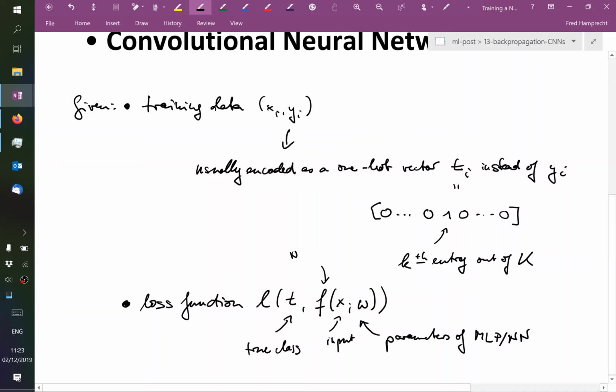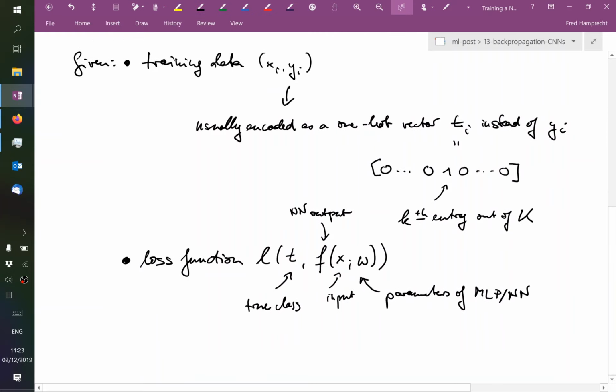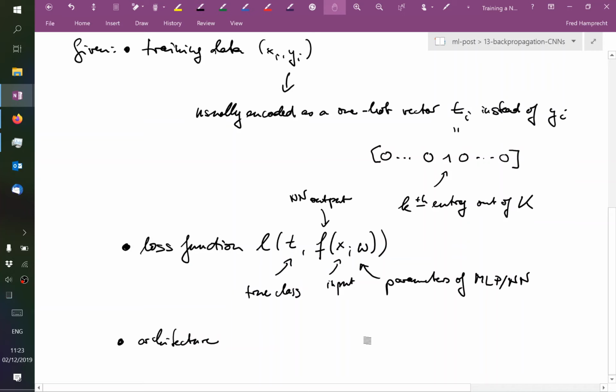And this is then the neural network output. And then we have the architecture itself. So in what sense exactly does this output f depend on the inputs and on the parameters? Well, generally speaking, this is some deeply nested function.